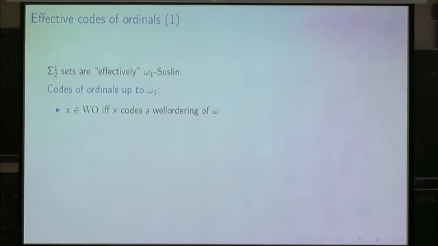Just now I mentioned Sigma^1_1 sets are omega-Suslin. Assuming just ZFC, climbing one level up, Sigma^1_2 sets are omega_1-Suslin, and they are very effective in the sense that it's the Shoenfield tree.